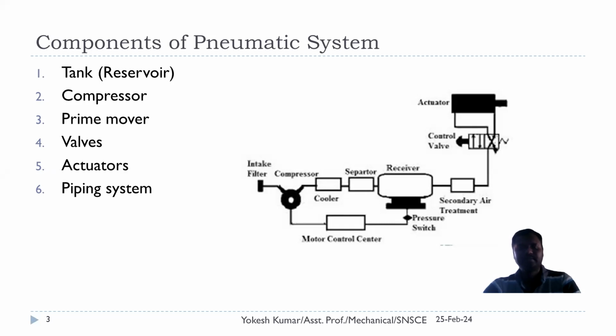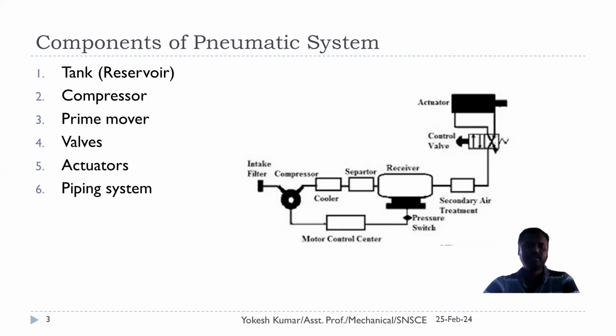Then the power is given to the compressor by means of a prime mover. In this case also, the prime mover may be an electric motor or an IC engine, which gives mechanical power to the compressor. The compressor converts mechanical energy into pressure energy of the compressible fluid.